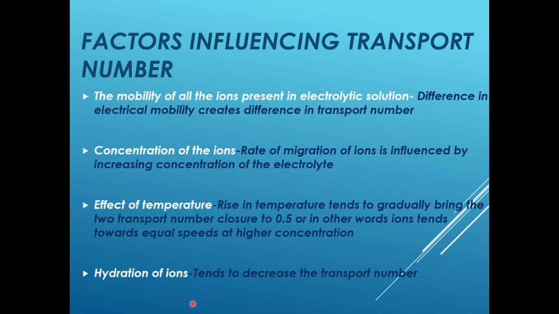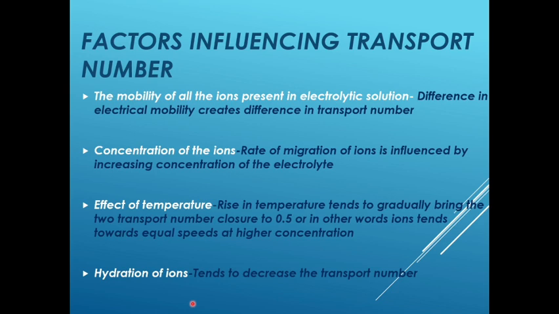Next is the effect of temperature. How temperature affects transport number: the extent of the variation of the transport number with temperature is evident from the data for the cations of a number of chlorides.